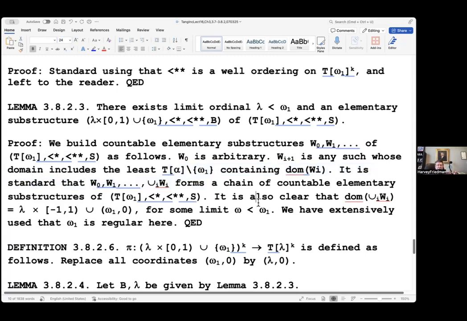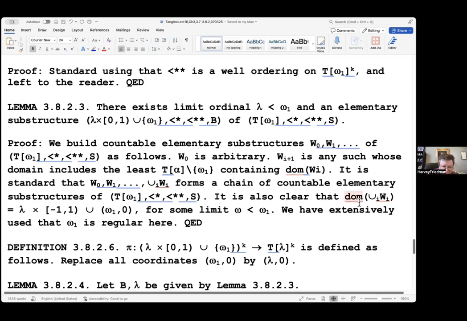You just use an omega chain; you don't need a transfinite chain. But you have to bear in mind that when we take these elementary substructures, the high point omega 1 could still be around.